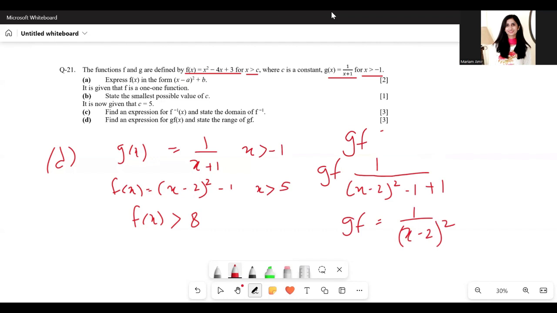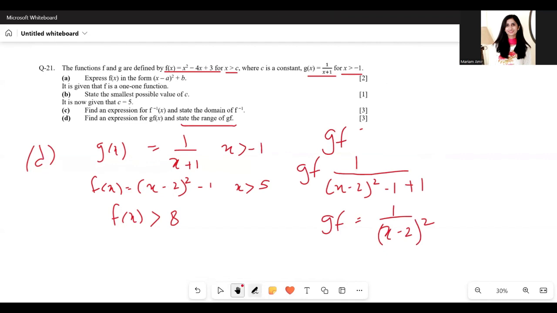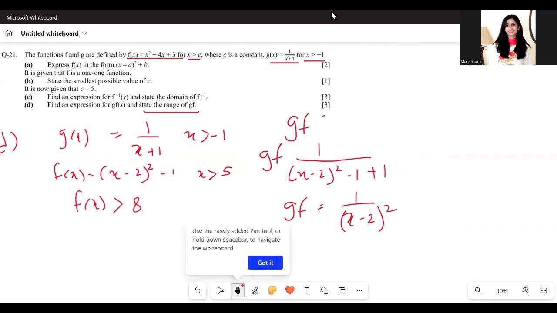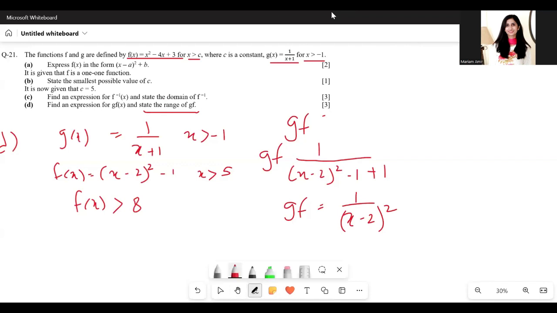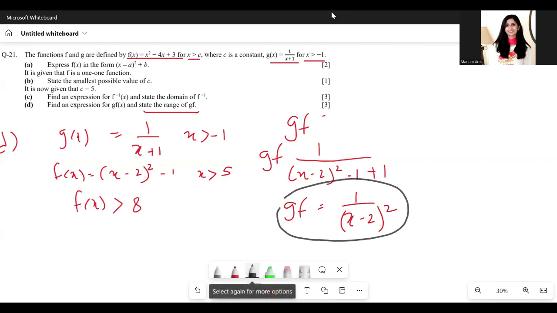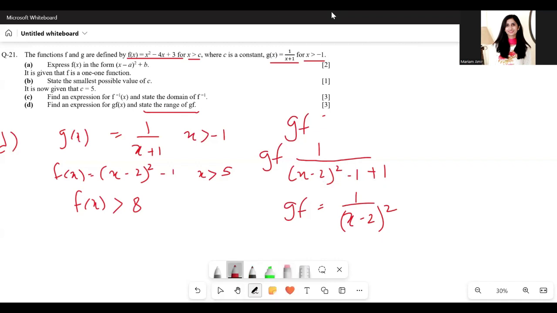Next is to find the range of gf. Now, the range of gf would obviously depend upon the domain of gf. First, we need the domain of gf, and then using that domain, we should be able to find the range. The domain of gf is the same as the domain of f, we studied this in class.